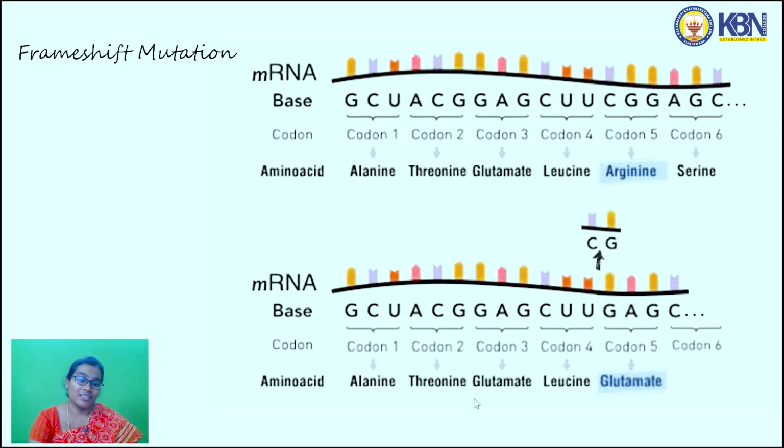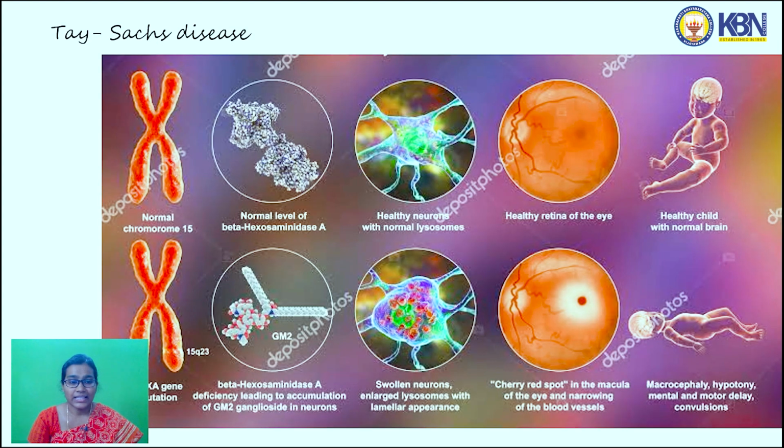But the structure of the protein is being changed, and because of that the damage happens. If you observe carefully, there is a shift in the frame of codons during addition and deletion, and we call this frame shift mutation. This case we can observe in Tay-Sachs disease.